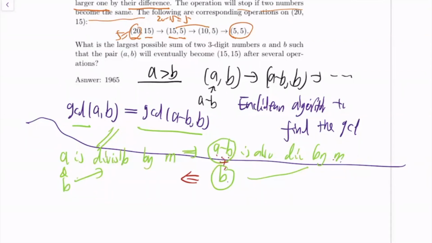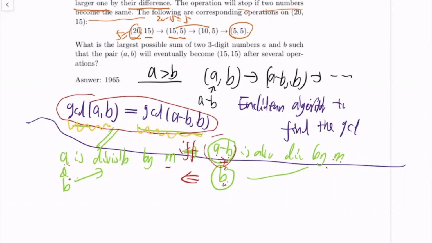So you can go both ways, which means it does not change. A number is divisible by both A and B if and only if it's divisible by B and their difference. And this basically tells us the GCD of A and B is the same as the GCD of A minus B and B. As I said, this is called the Euclidean algorithm to find the GCD.